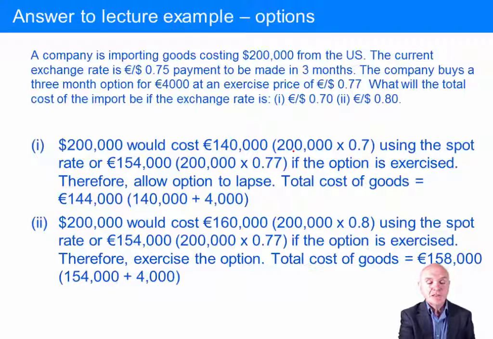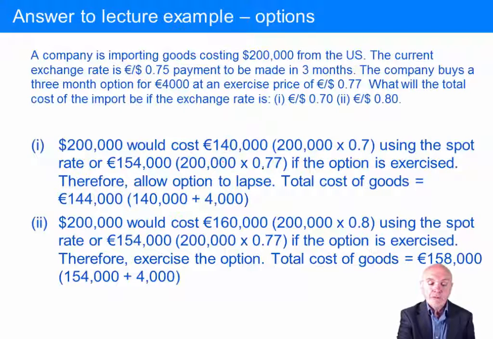It's going to be changing at this rate here. It's going to cost us 140,000 euros. Essentially, the euro is worth more per dollar. It's costing us fewer euros to put our hands on $200,000. So that's what you get using the spot rate.